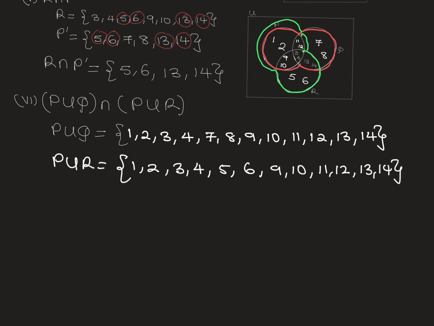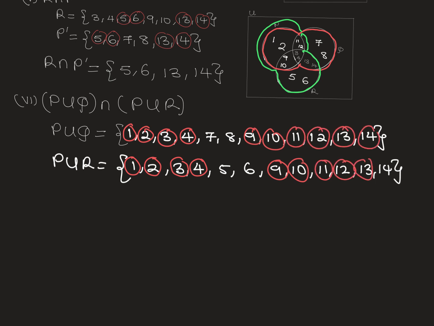But the question is asking us to find the intersection, that is the common members between the two sets. So what are the common members? We have 1, 2, 3, 4, 9, 10, 11, 12, 13, and 14.